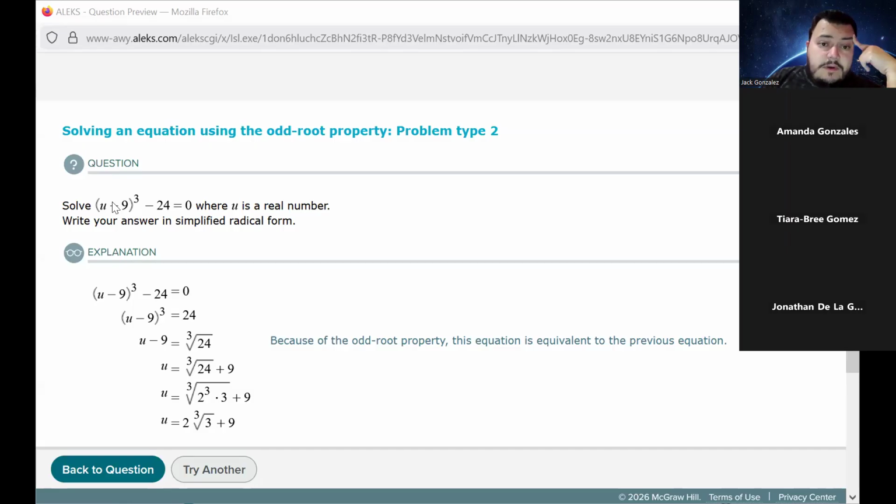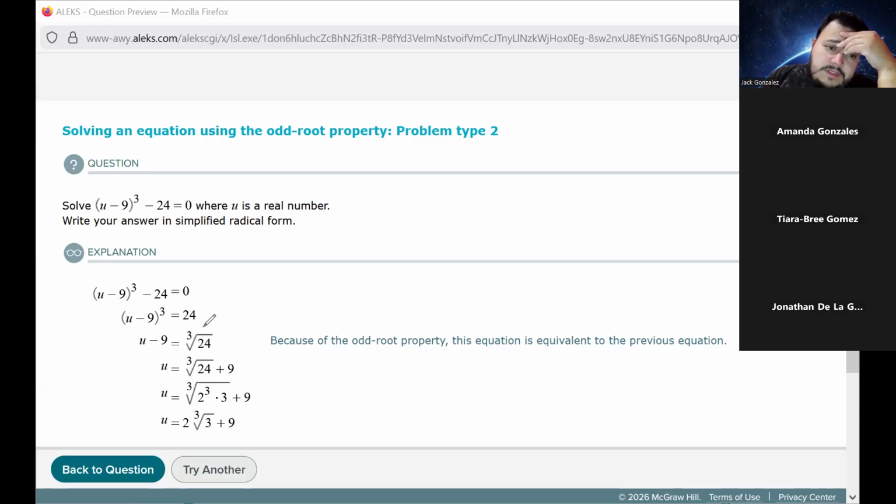You first get this part by itself, right? And so they move the 24 over right here to plus 24. Then they cube root both sides, which is where this came from. They skipped a little minor step where the cube root and this cancel, but that's okay.